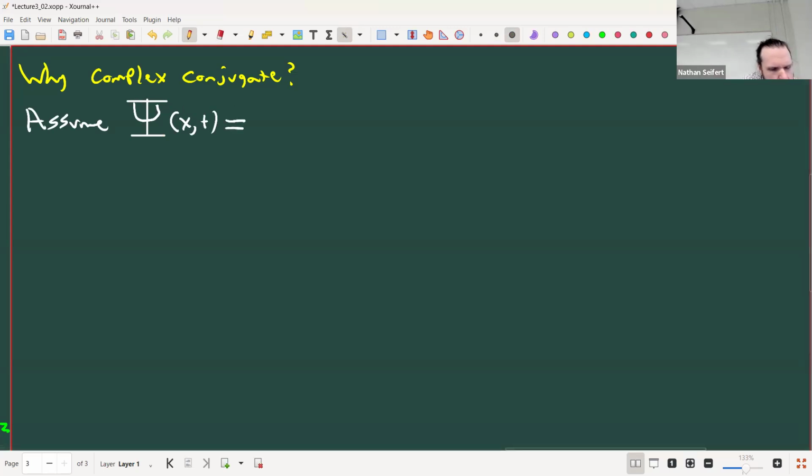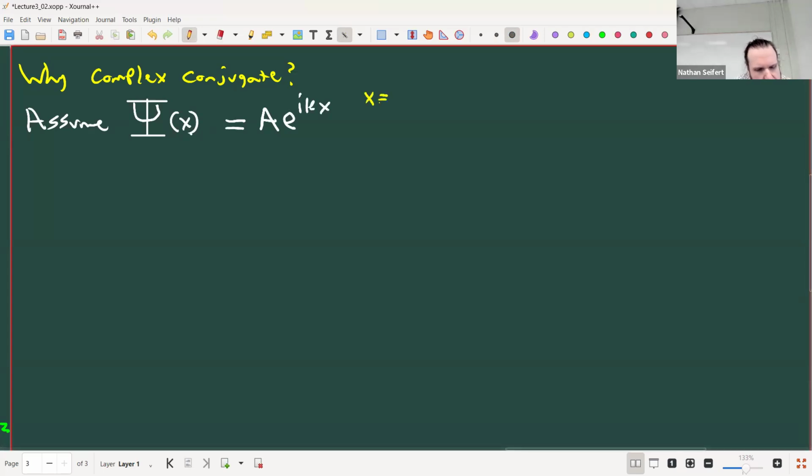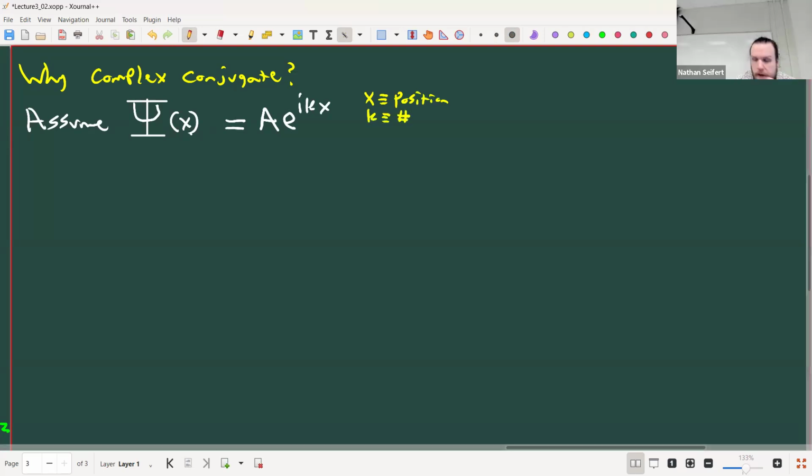Actually, let me get rid of the time dependence. Let's just do position for now. We're just going to freeze it in time, okay? It is A, which is some number, e to the i kx, where x is position. It's a variable. k is just a number, and A is just a number.